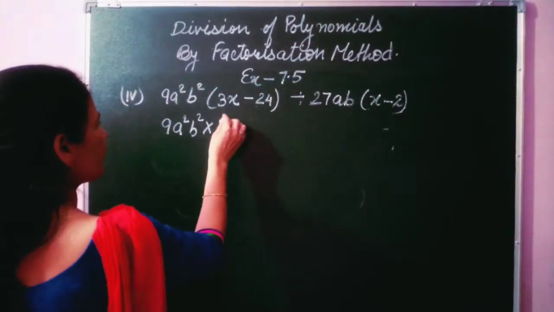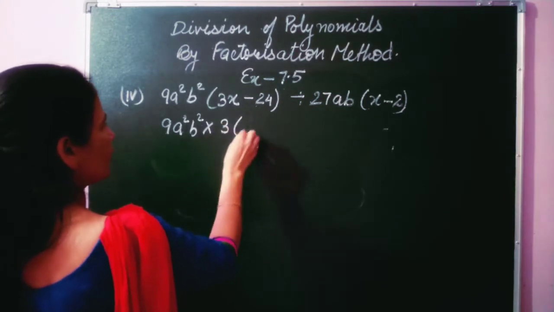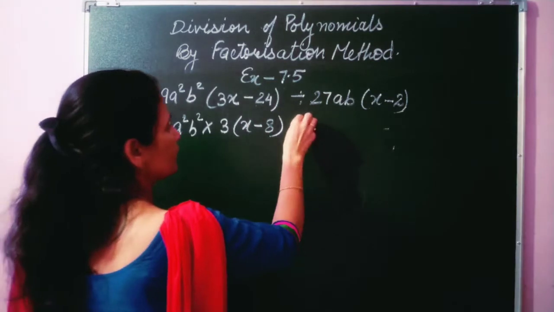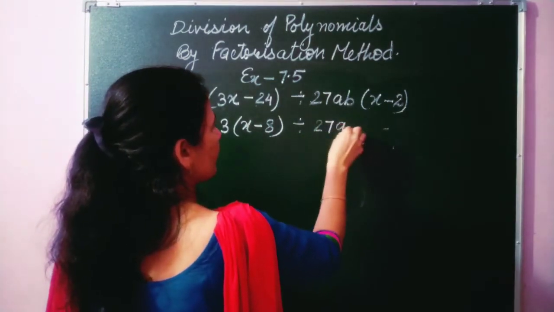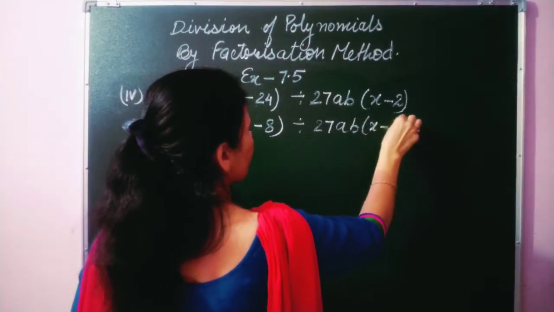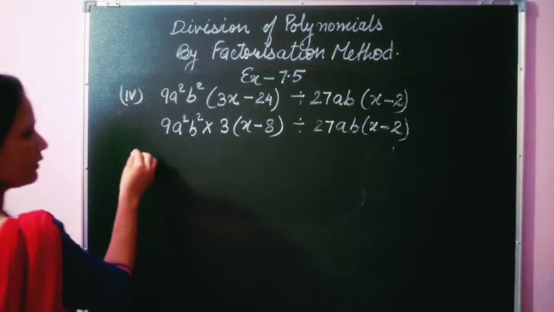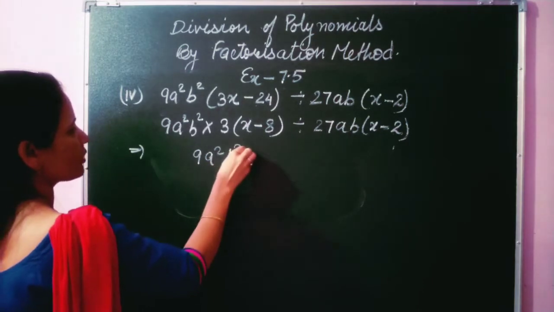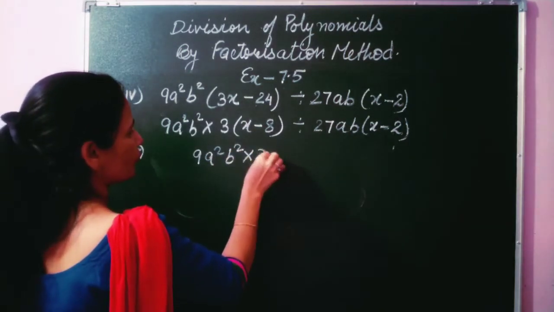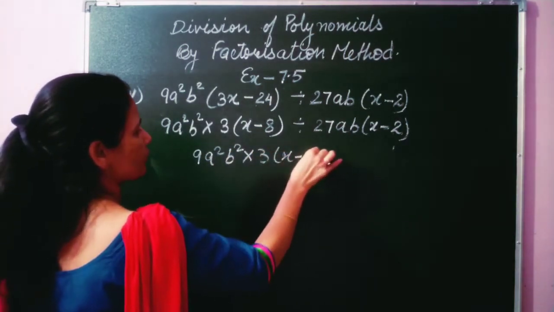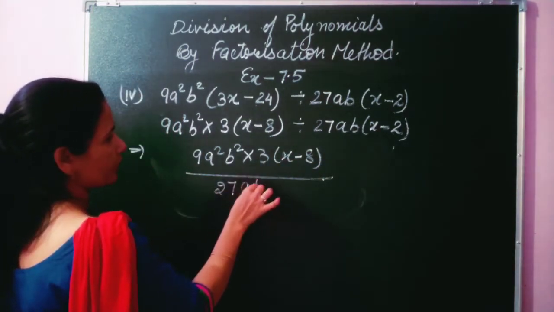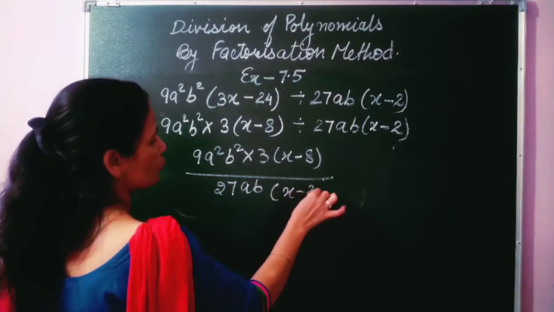When we took 3 common, it will remain 3 into x minus 8, since 3 eights are 24, and this is divided by 27ab into x minus 2. So write it in the form of a fraction: 9a square b square into 3 times x minus 8, divided by 27ab into x minus 2.